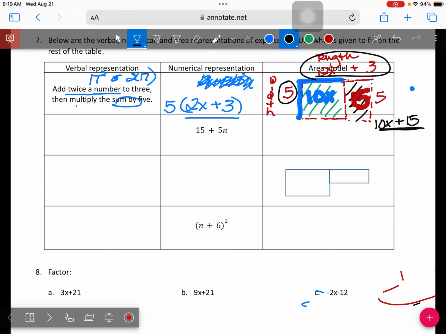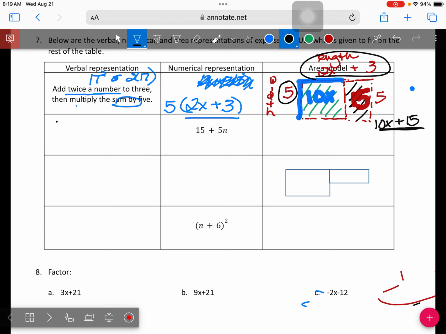So 15 plus 5n, a verbal representation. How could I get someone to write that expression of 15 plus 5n? What could you say? 5 times the number added to 15.